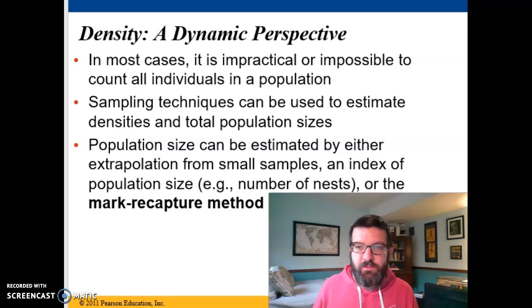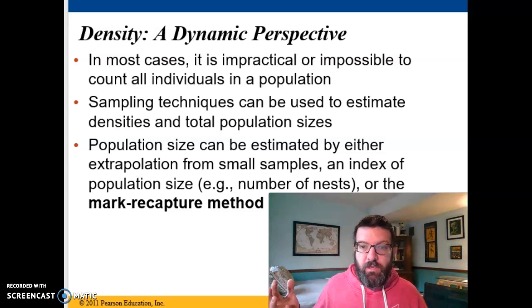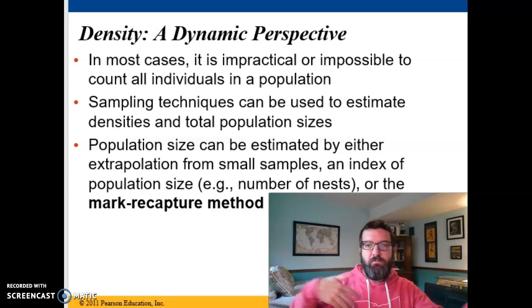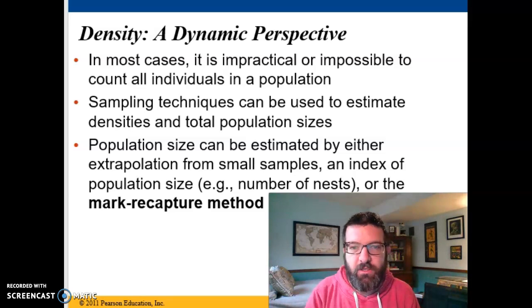What this essentially means is you catch a bunch of animals, right? Let's say 100, right? And you mark them all. Every single one of them somehow. Could be a little ear tag, or a collar, or a little bit of paint, or for different organisms it's different. And then you release them, and you give them time to mix with the rest of the population.